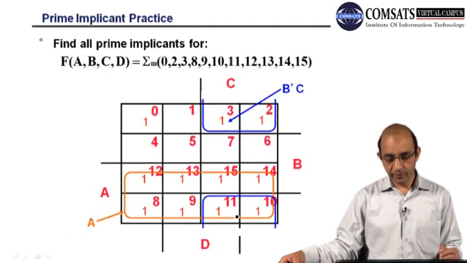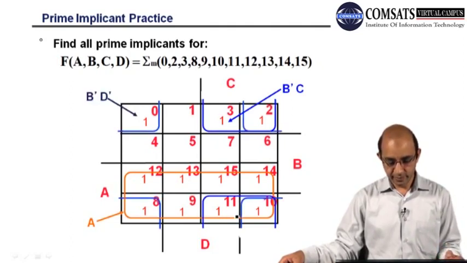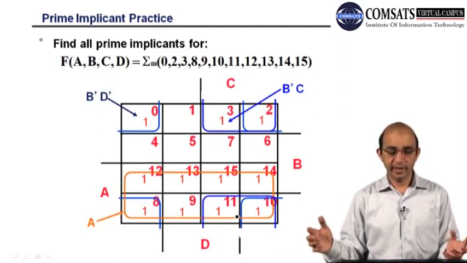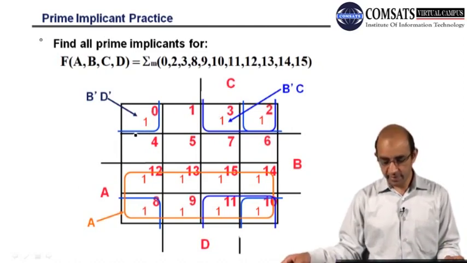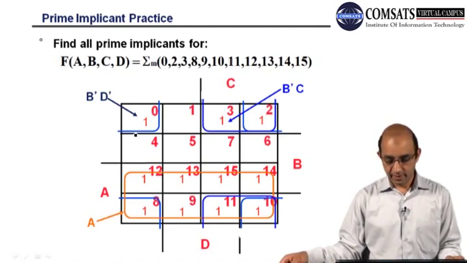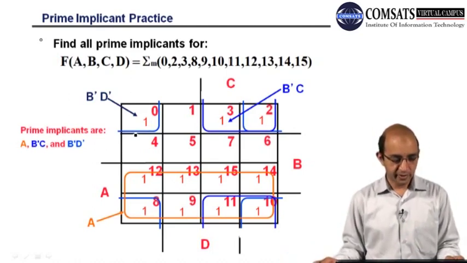We can bend or flip horizontally, and then if you bend or flip horizontally and then vertically, we will be having those corners, and those corners will be a square, right? So you can see that we have prime implicants, right?